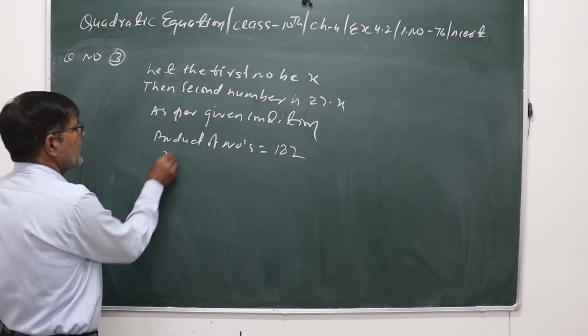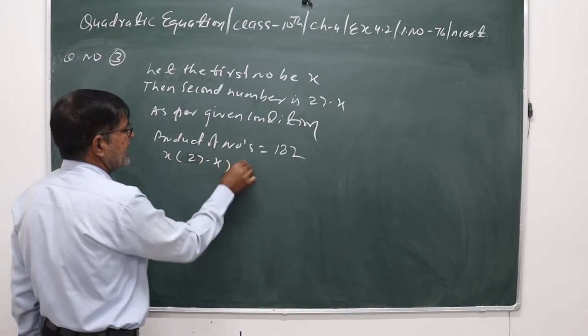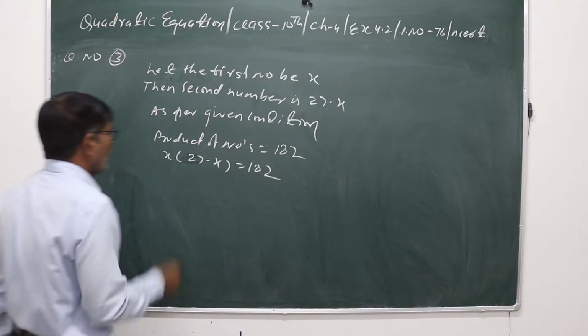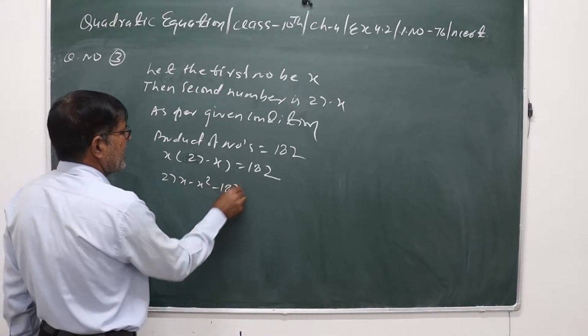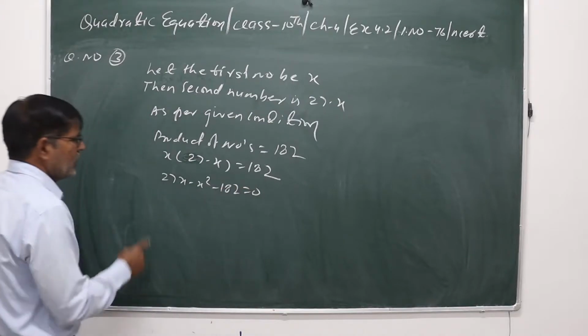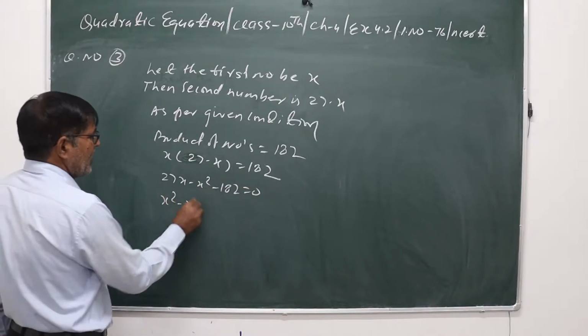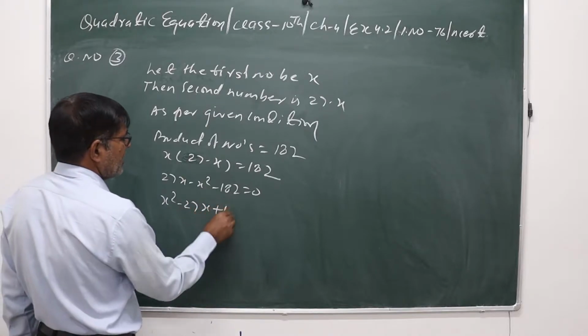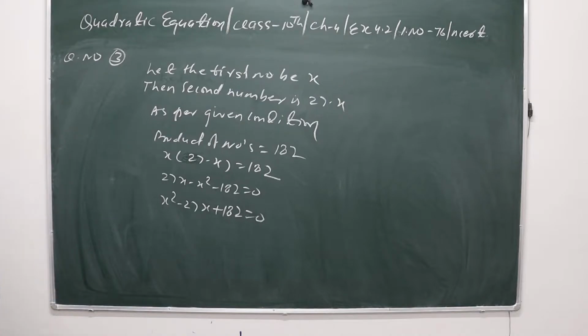So the first number x times the second, 27 minus x, is equal to 182. 27x minus x square minus 182 is equal to 0. On multiplying by minus throughout, x square minus 27x plus 182 is equal to 0. So this is the required quadratic equation.